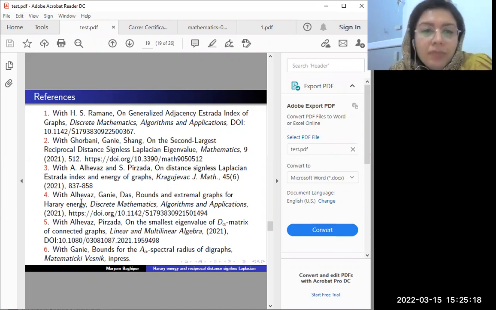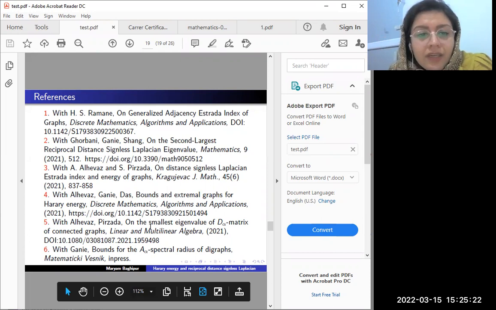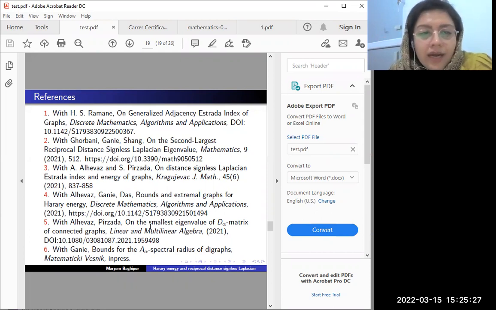And in one of my papers, we proposed a conjecture for the sum of eigenvalues, and we proved it holds for graphs of diameter 1 and diameter 2.